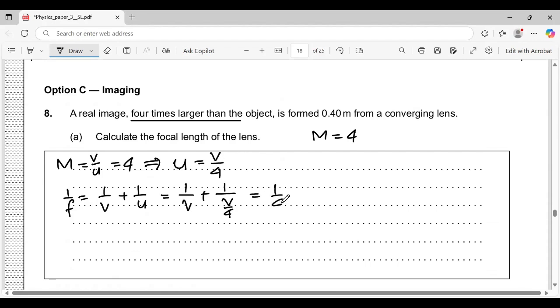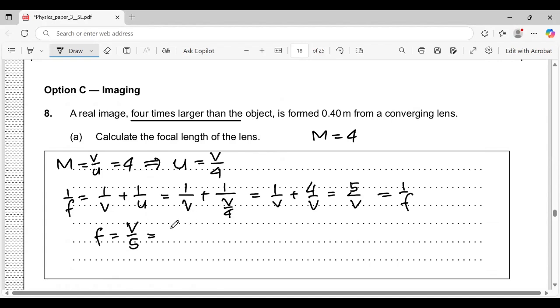So it's going to be 1 over V plus 4 over V. So it becomes 5 over V. So 1 over F equals 5 over V. So it means F equals V over 5.